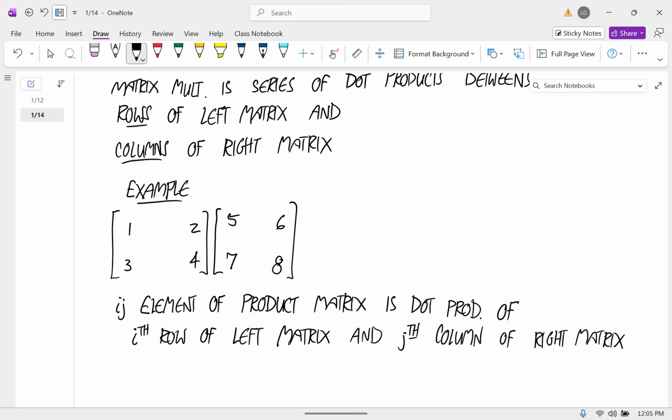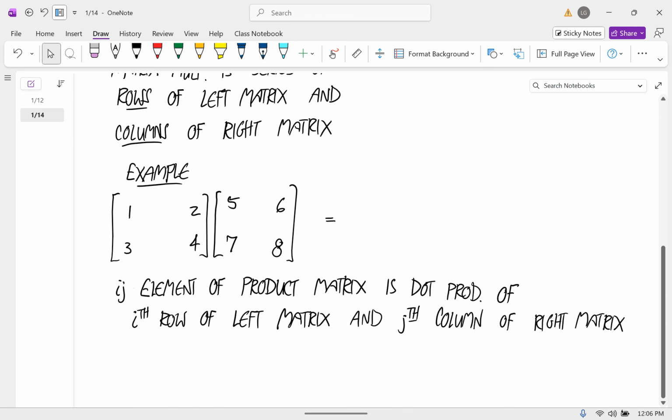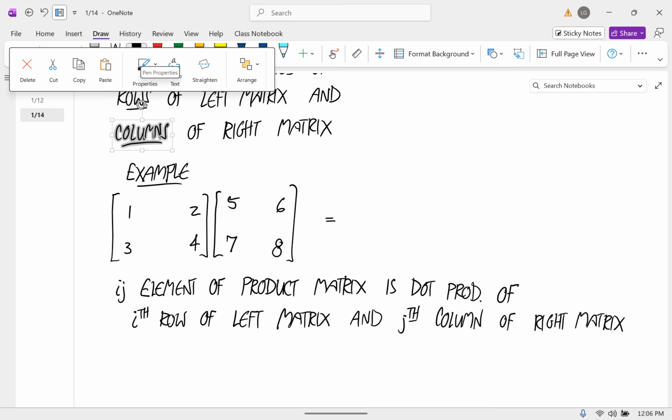So this is kind of like the rule, but it'll make more sense when you just see it done. Let's go through the elements of the product matrix one by one.